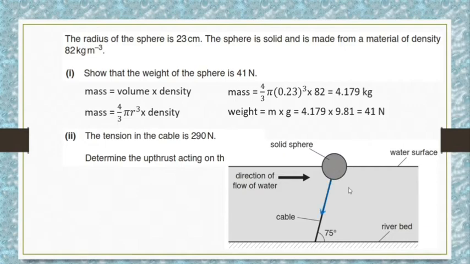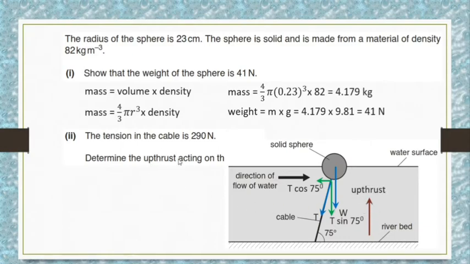I have this tension of the cable, and I can resolve this, I have the weight, and now I want to resolve this tension into T times the sine of 75 degrees, and this is T times the cosine of 75 degrees. So here I have one more force, which is the upthrust. This is the upthrust, the direction is upwards.